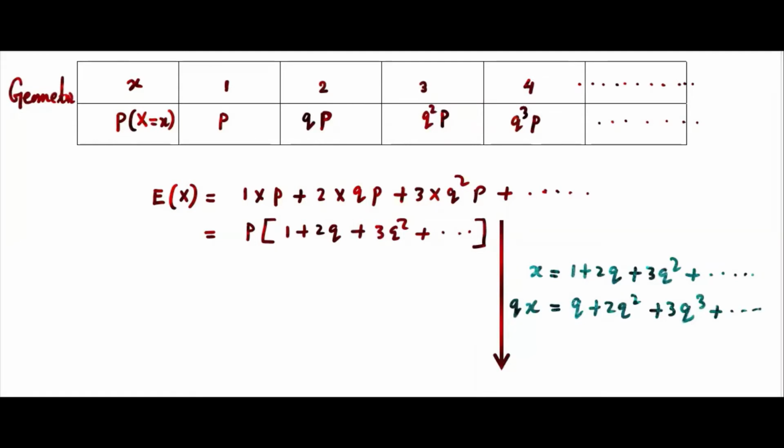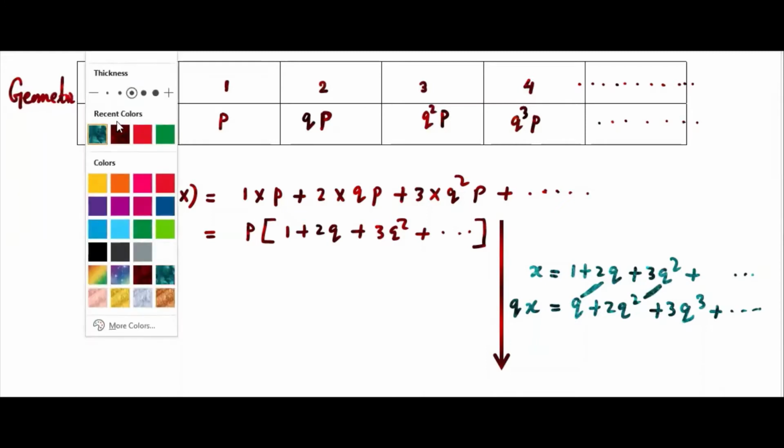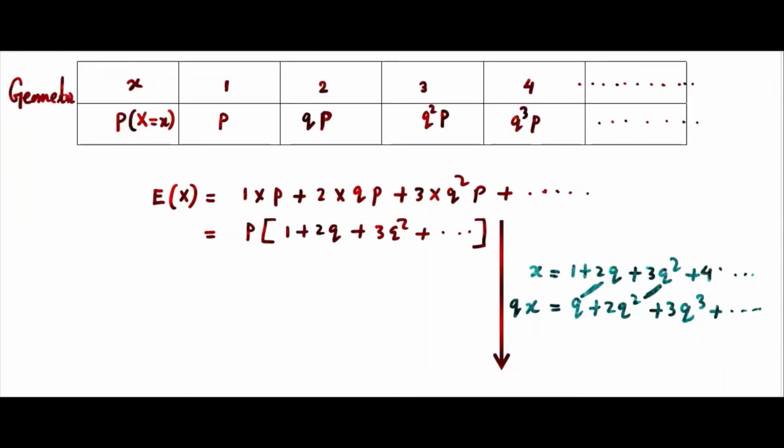You write this way. Remember to subtract in a diagonal manner. This is the trick here. Let me write the next term as well, 4Q power 3.